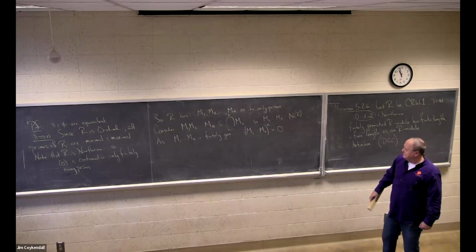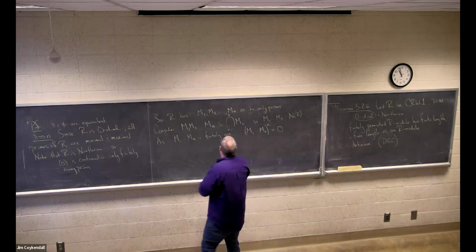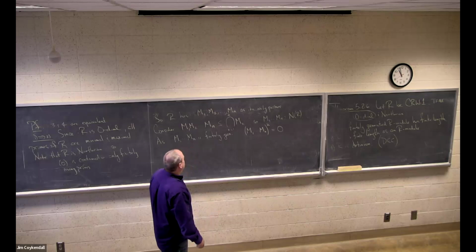When you say M1 up to Mn is the nilradical, you have one containment from this intersection. The other containment is because the nilradical is contained in every maximal ideal.